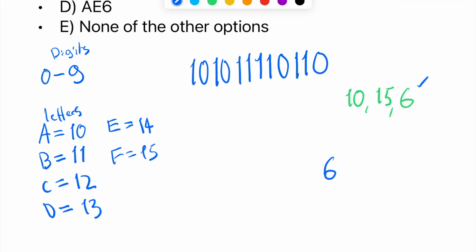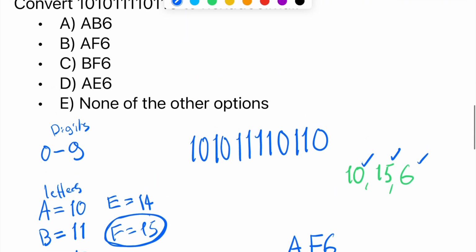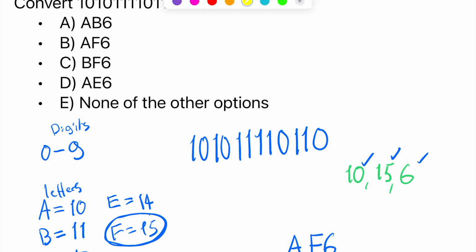Then 15 is F in hexadecimal, so we write down F. And we got 10, which is A. So our final answer is AF6.